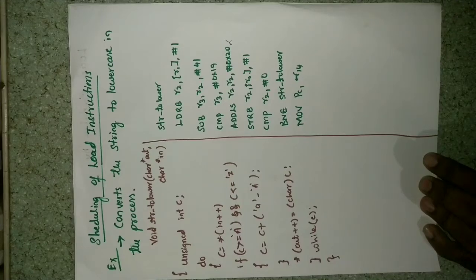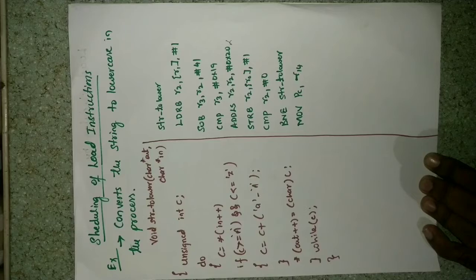In this scheduling of instructions, we discussed that the load instruction causes a stall, because waiting of the instruction or aliasing of the instruction occurs due to the load instruction. So you have to optimize the assembly code.